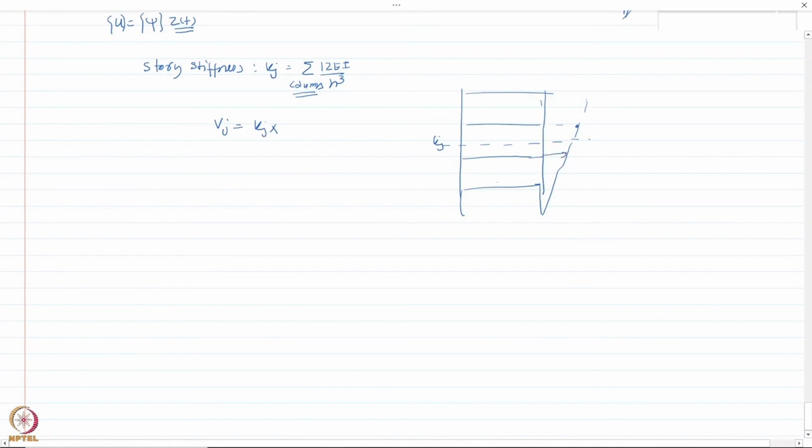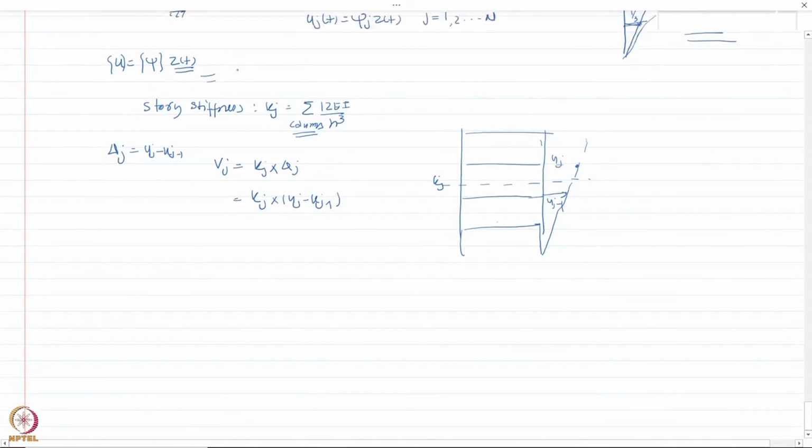If this is j minus 1 and this is u_j, the story drift is defined as delta_j equal to u_j minus u_(j-1). So this is the deformation of the floors above and below, the floors that constitute that particular story.